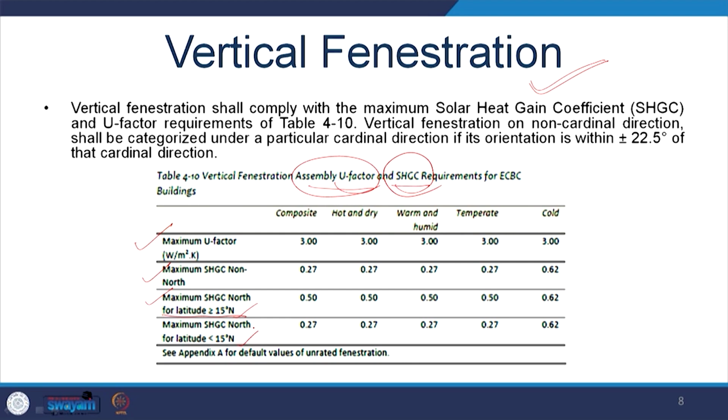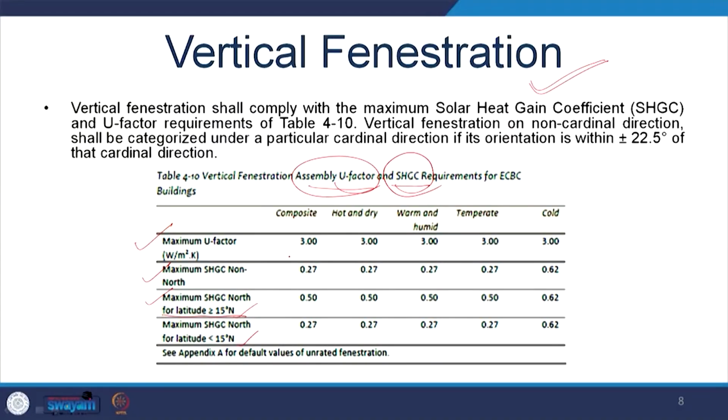This is based upon the amount of solar radiation, the direct light which is received on the northern side. So, based upon this, the U values and SHGCs are given. These are the maximum values.